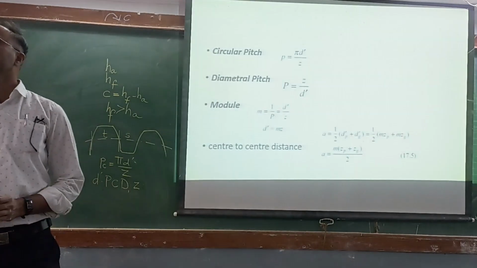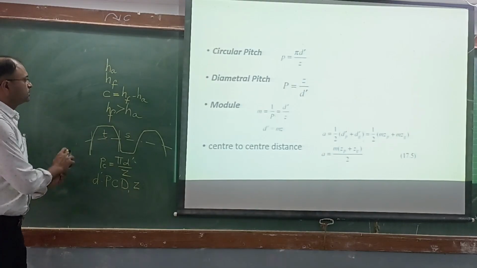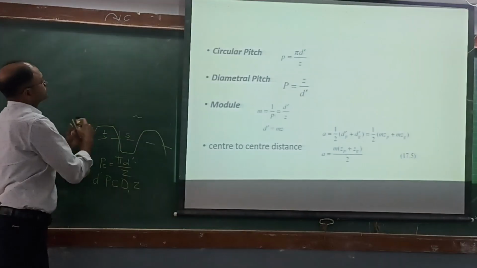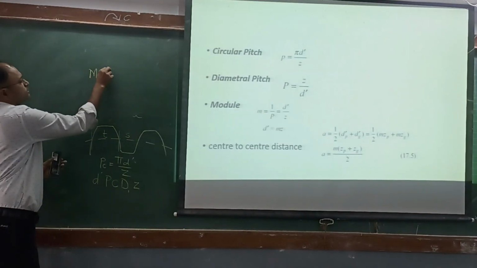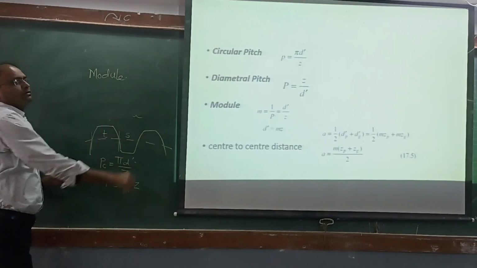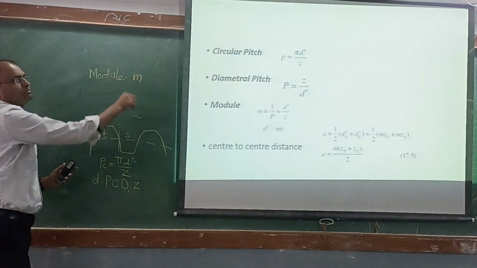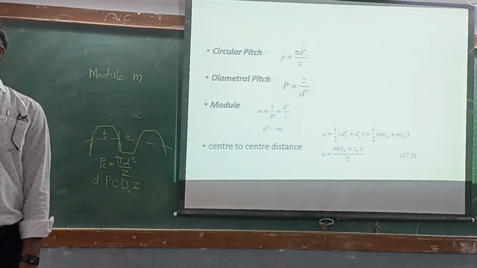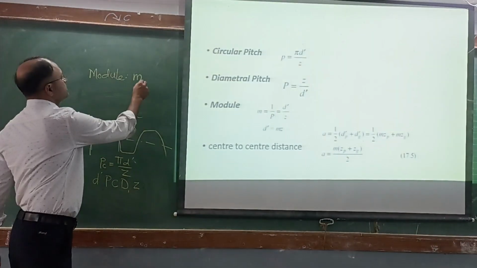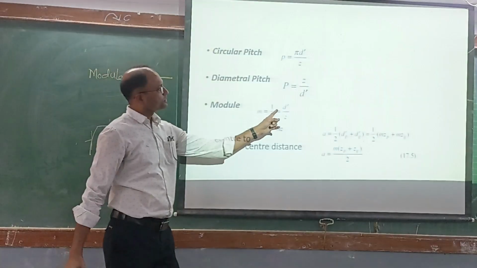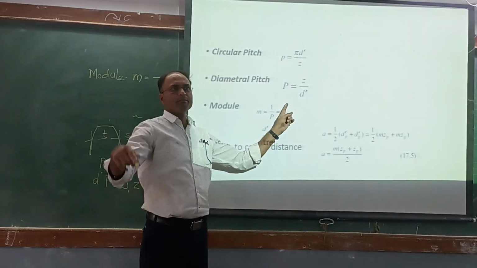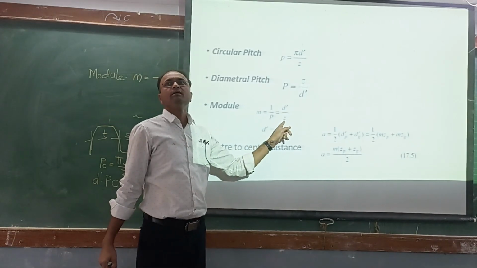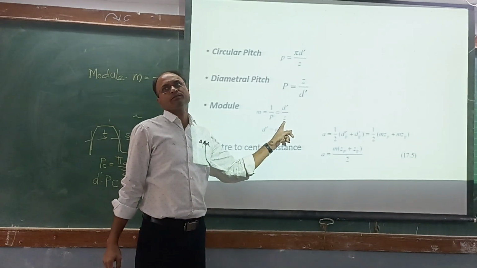And the most important parameter of gear design is module, denoted by small m. What is it? It is the ratio of pitch circle diameter to the number of teeth.